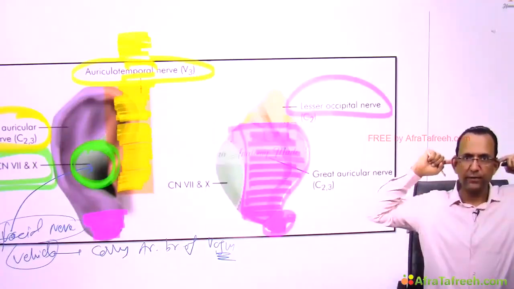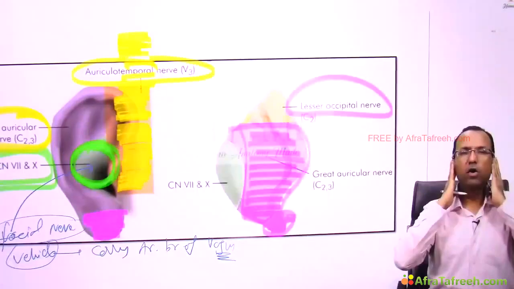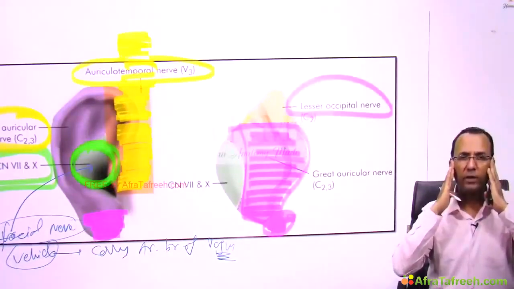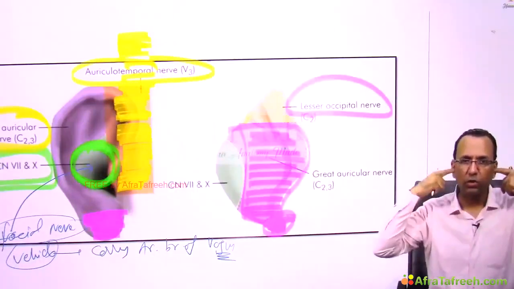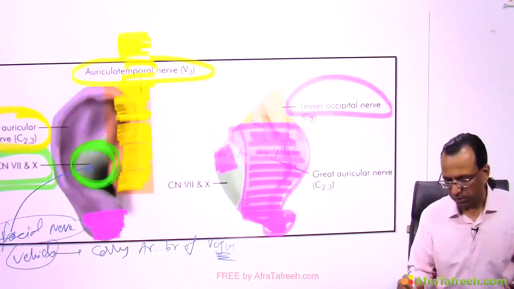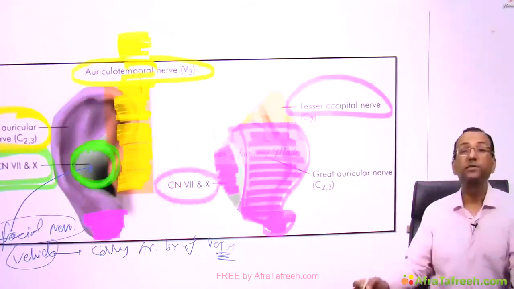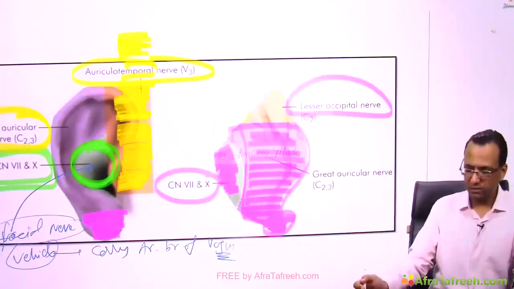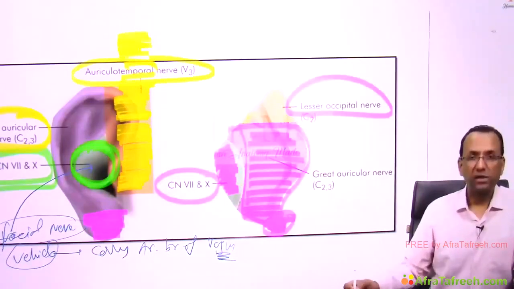Who is supplying the lateral? The greater auricular nerve. And who is supplying the anterior? The auriculotemporal nerve. And who is supplying the root? The root, you know, is already the vagus nerve. So this is the auricle nerve supply.